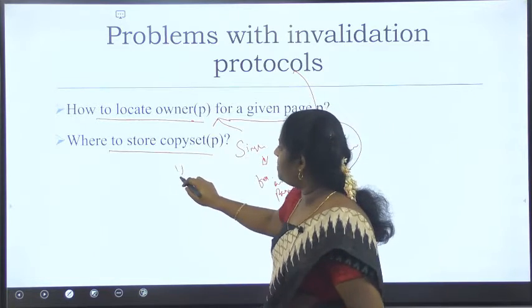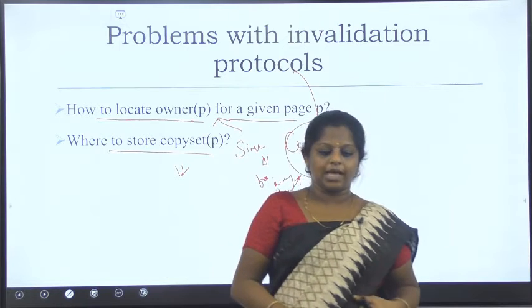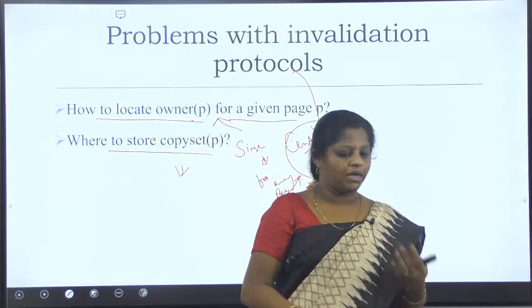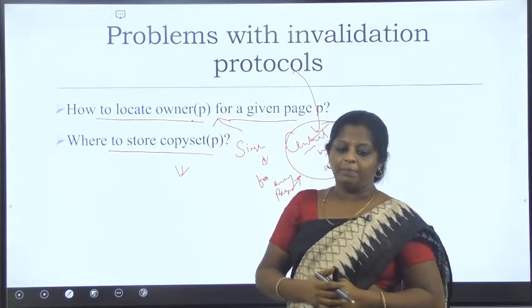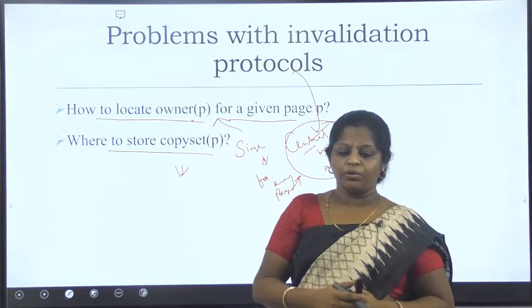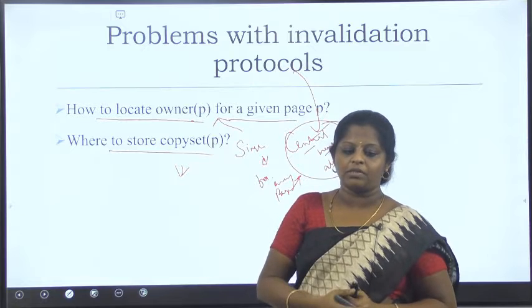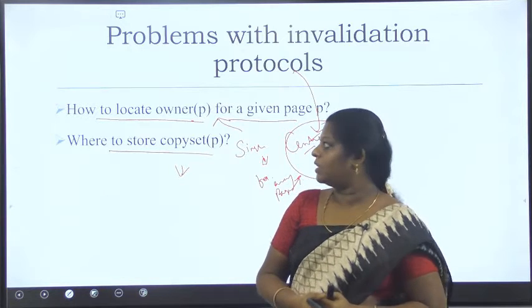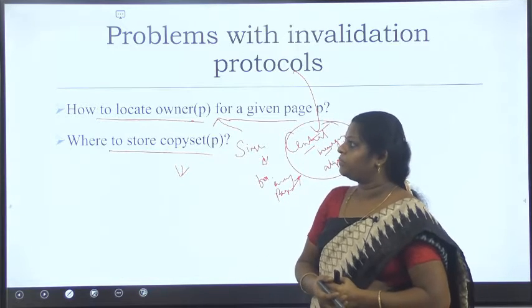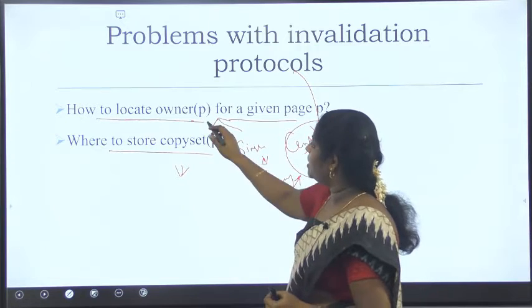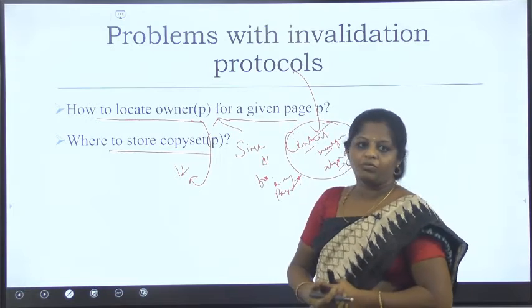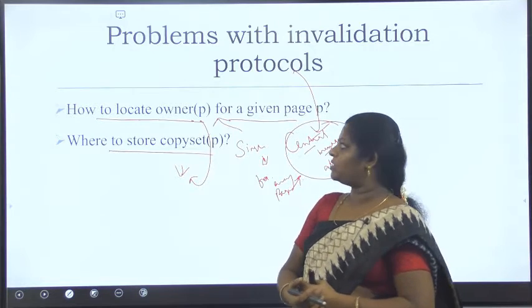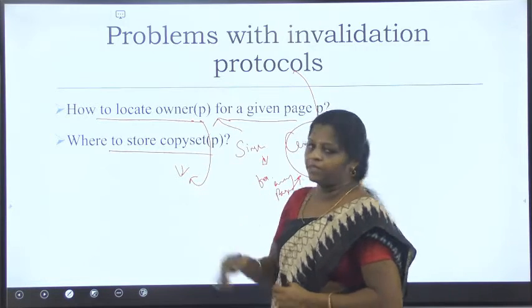Where to store the copy set of P? This is another question. Here the manager could be one of the processes running in the application, or it could be any other process in this algorithm. The copy set of P will be stored by the owner of P. The manager allows the owner of P to store the copy set of P. Why?